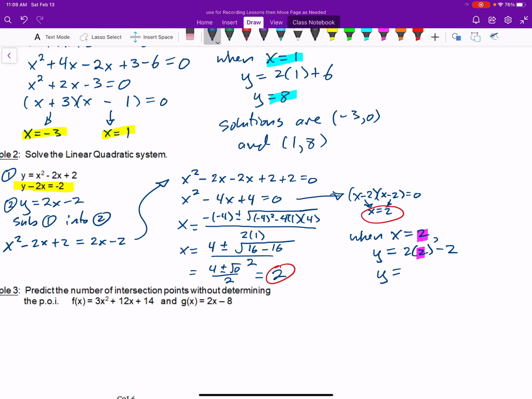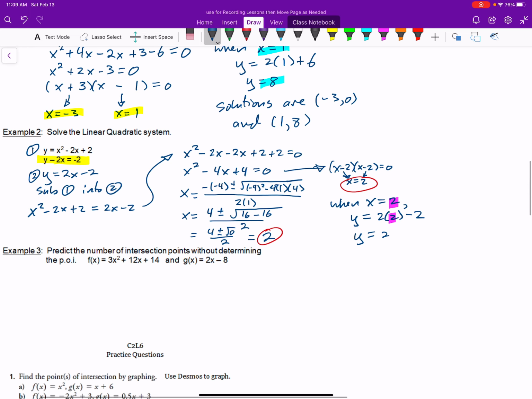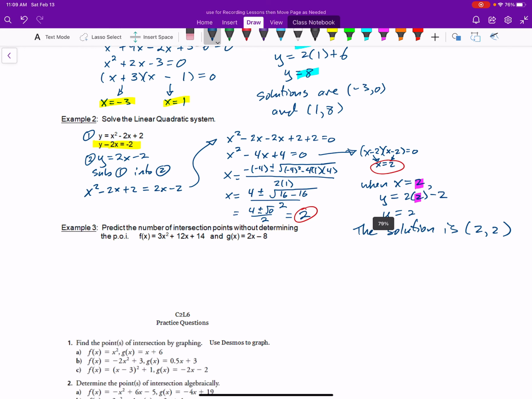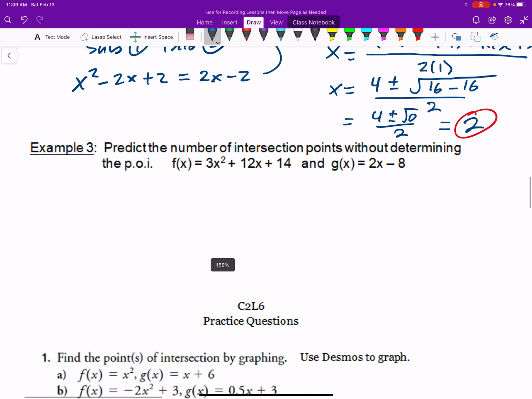And y ends up equaling 4 minus 2 is 2. So when x is 2, y is 2. So there's one solution. So the solution is the point (2, 2). So that's an example of just a single solution.